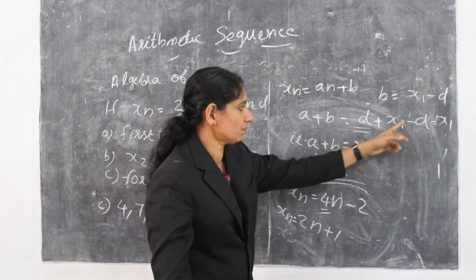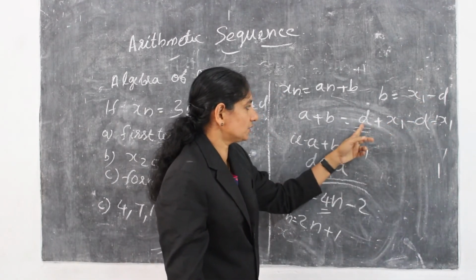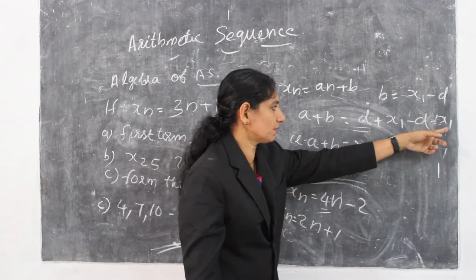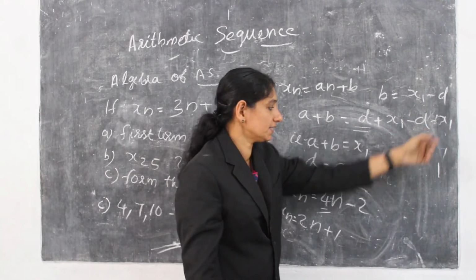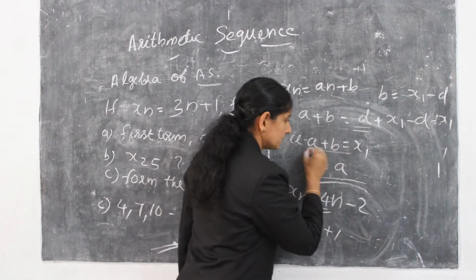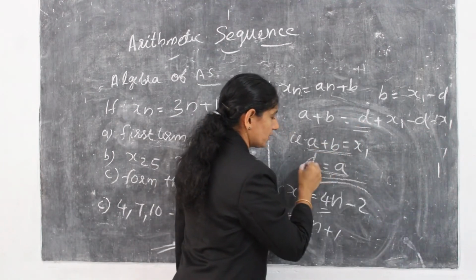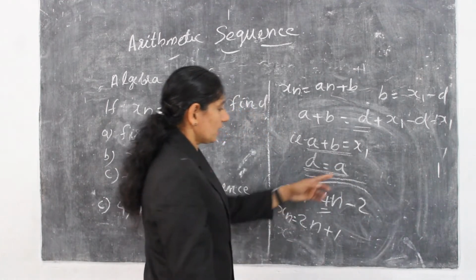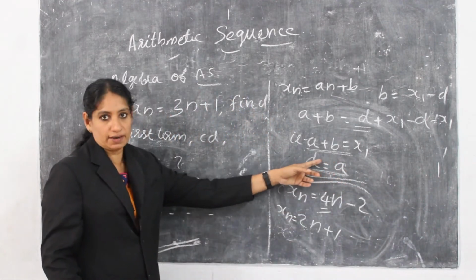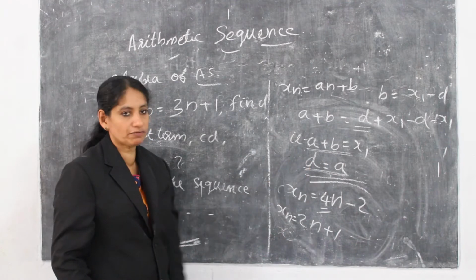So a plus b is d plus x1 minus d; d cancels, remaining x1. That is, a plus b is equal to x1, and the common difference is equal to the coefficient of n.